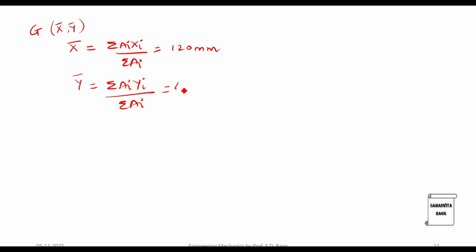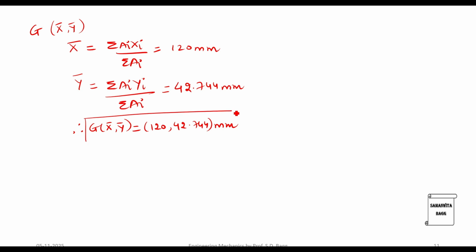You get the answer as 42.744 mm. Therefore, G x bar comma y bar is 120 comma 42.744 mm. This is the answer.